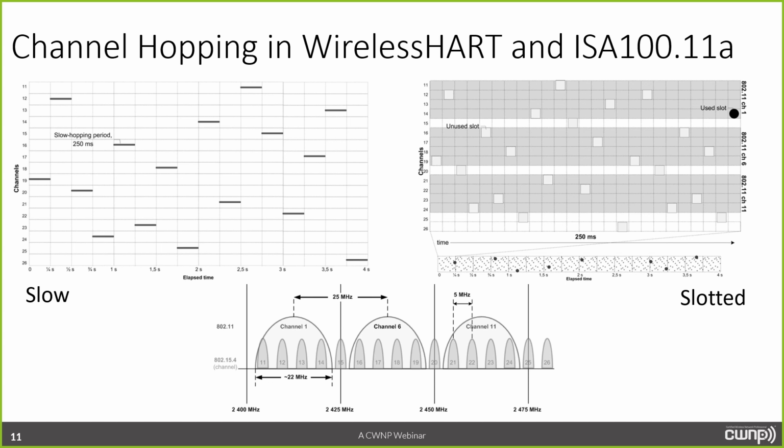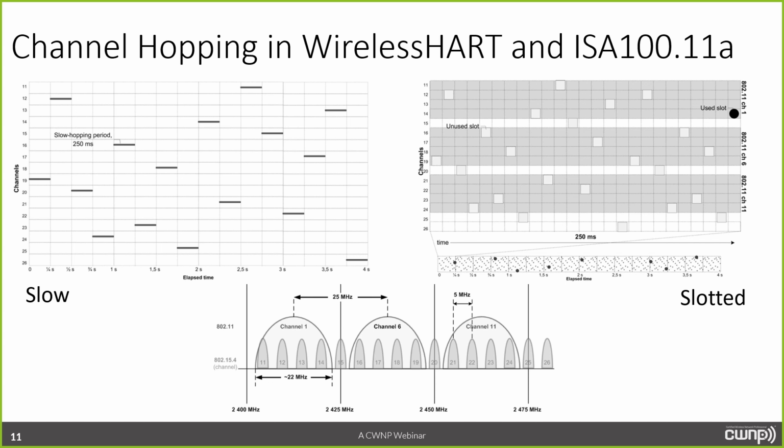The big difference is, remember, slow hopping means I dwell on the channel for longer than a single slot time, longer than just enough to send one communication, right? I'm going to stay there for more than a slot time, up to 250 milliseconds. The channel hopping pattern, the sequence, they're considered pseudo-random.